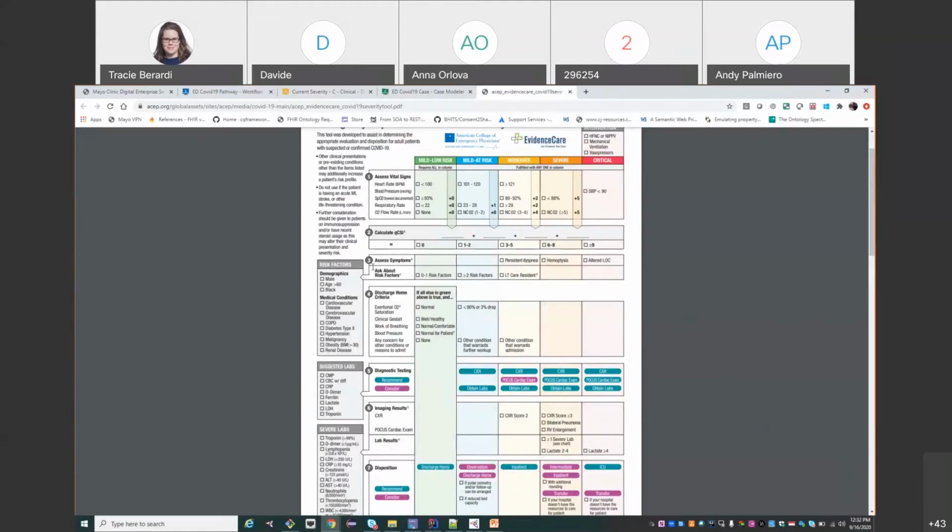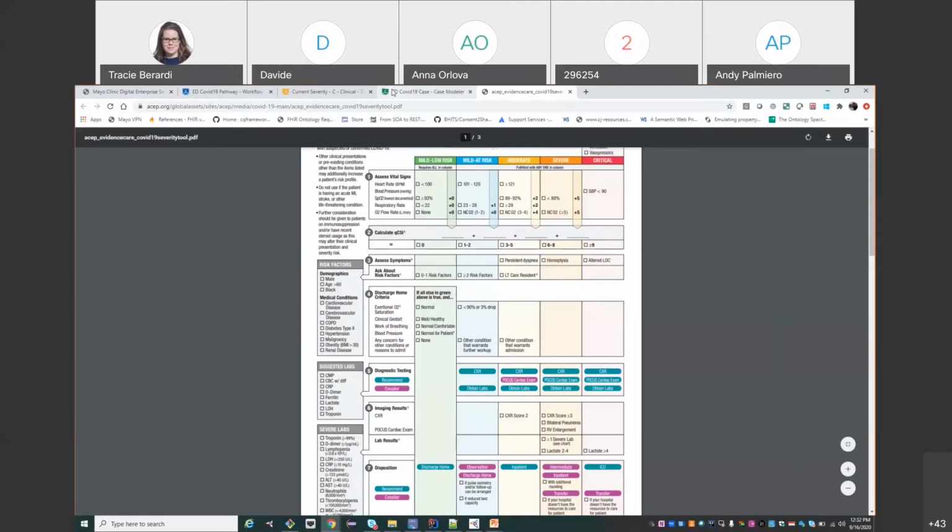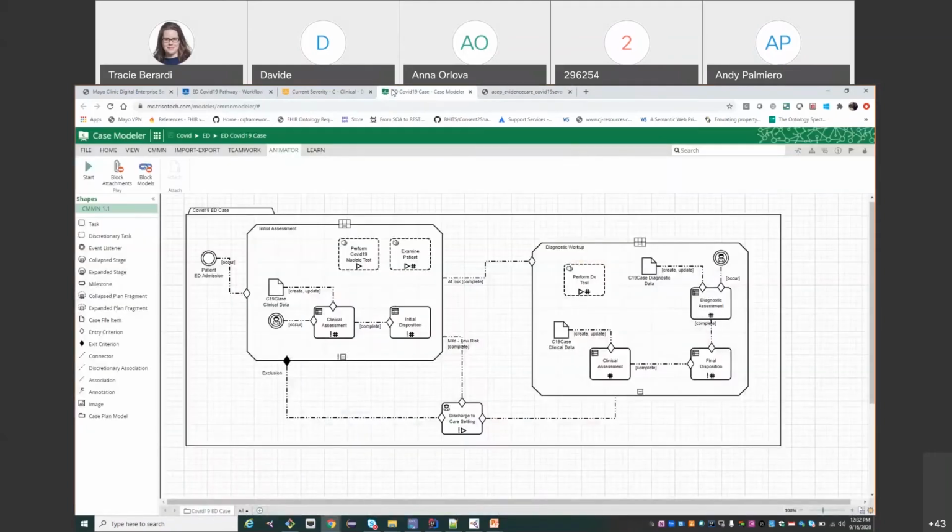So not describing what happens in a clinic, not simulating, not automating, trying to capture the intent of this as a cognitive support tool mixed with flexible guidelines. What that led us to do is a CMMN model, a case model that tries as much as possible to accommodate for how the emergency physician would deal with the patient as they show up.